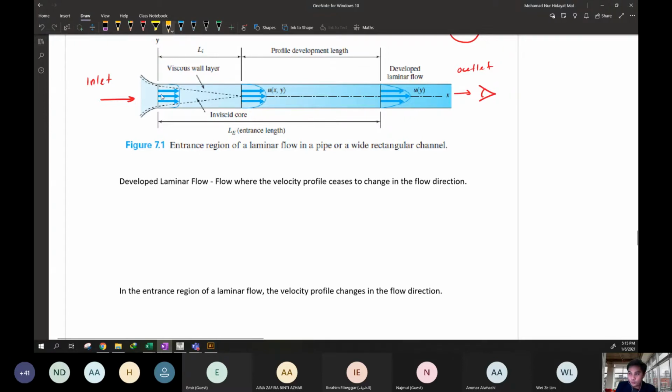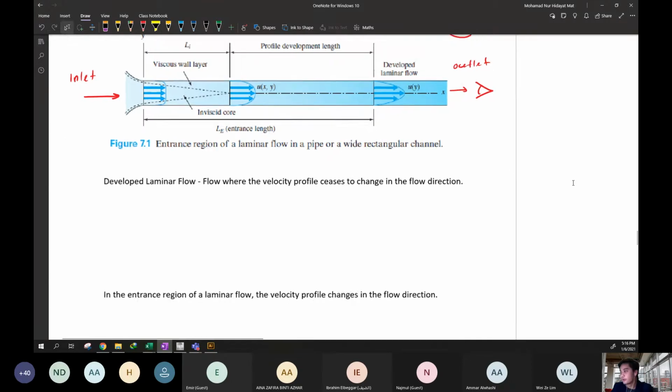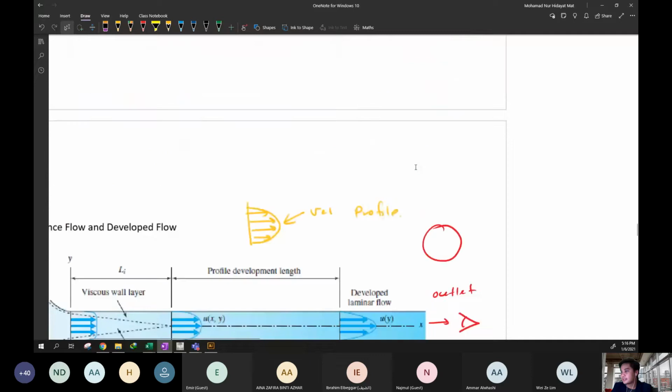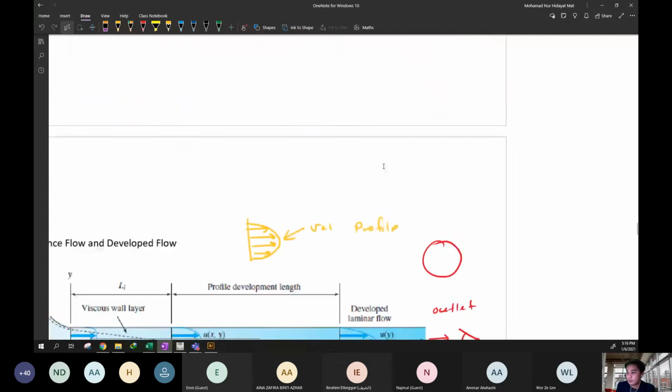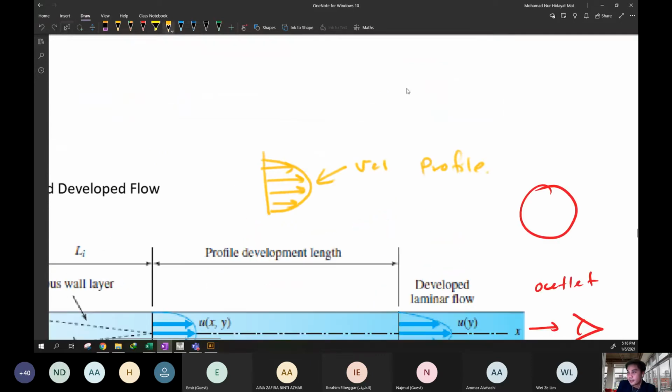So, do you know why and how the velocity profile is created? How is this formed? You can see here, this is our velocity profile, right? And this is inside the pipe. Why is this forming like this?